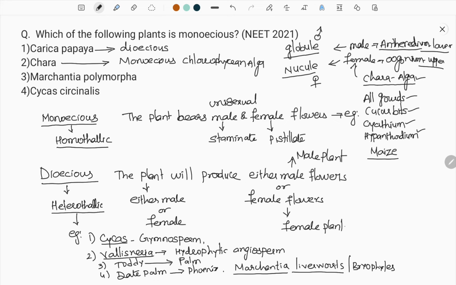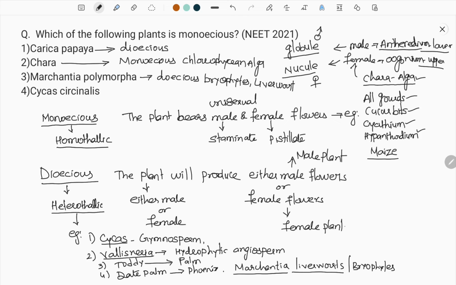Remember, alga is singular, algae is plural. And Marchantia polymorpha is a dioecious bryophyte, or we can call it a liverwort, because it belongs to Hepaticopsida.